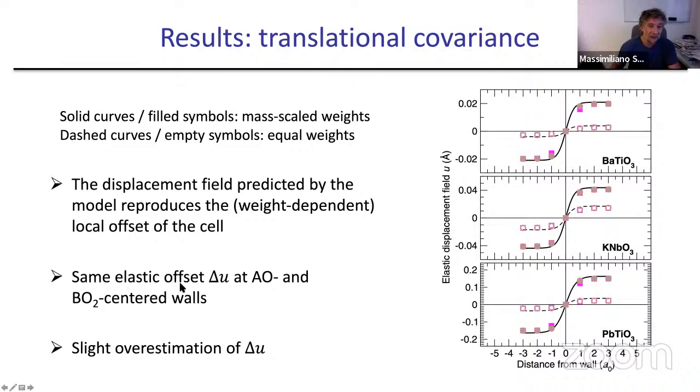Interestingly, we have the same elastic offset at AO and BO2 centered walls, which means that this property is not really sensitive to the local atomic structure of the wall, but is a truly macroscopic thing. And we have a slight overestimation of delta U, but this is something we could expect in a system that is so far away from a regime where the continuum approximation is considered to be justified.